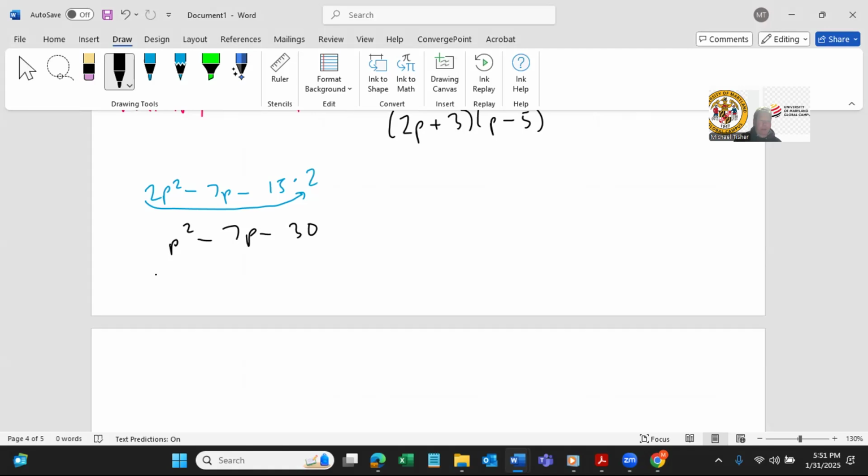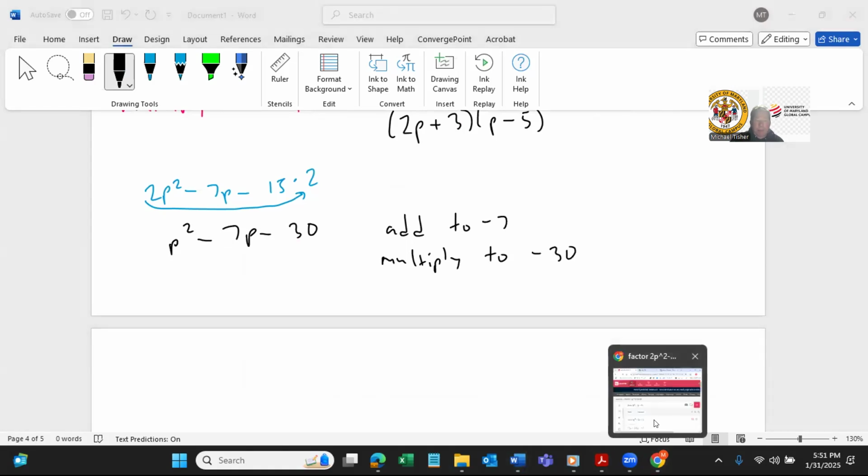Now that we have nothing in front of p squared, we can think of two numbers that add to negative 7, but multiply to negative 30. I can't think of any two numbers right off the top of my head, so let me just do it on Symbollab.